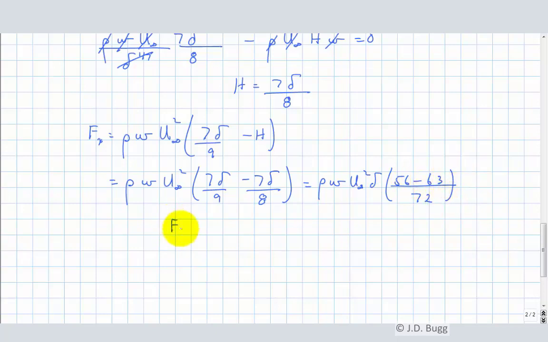Our final expression for the force in the x direction is going to be negative 7 over 72, coming from here. So notice it's negative times rho w u infinity squared delta. And notice it's a negative number it has come out to.